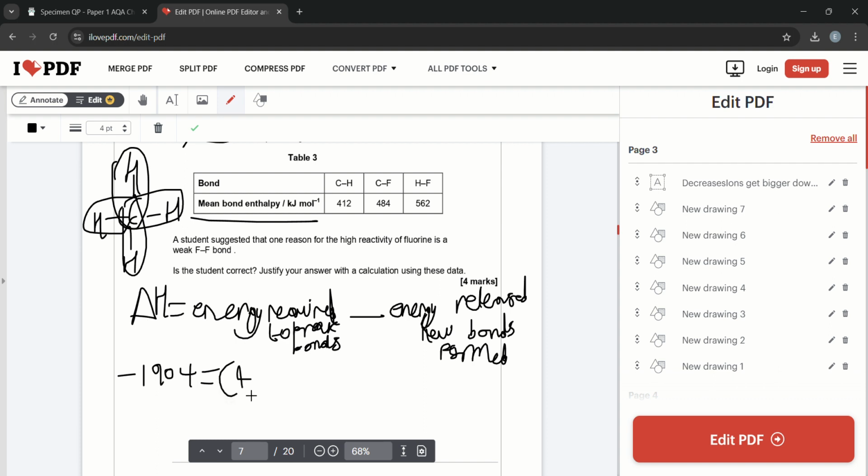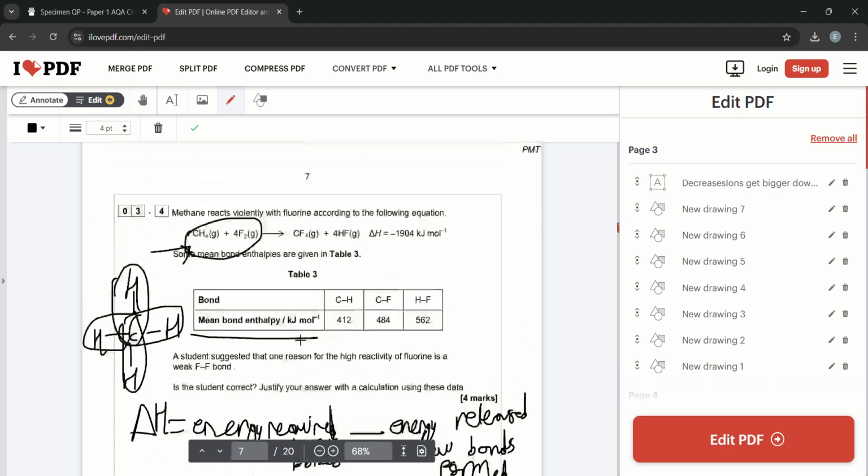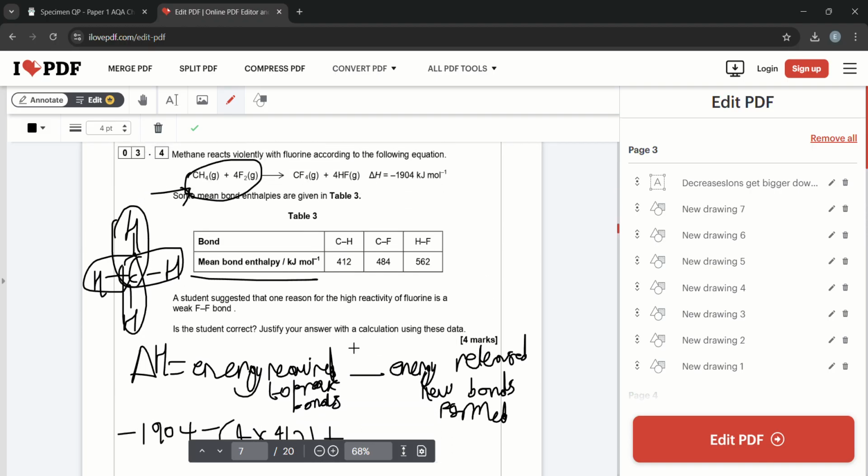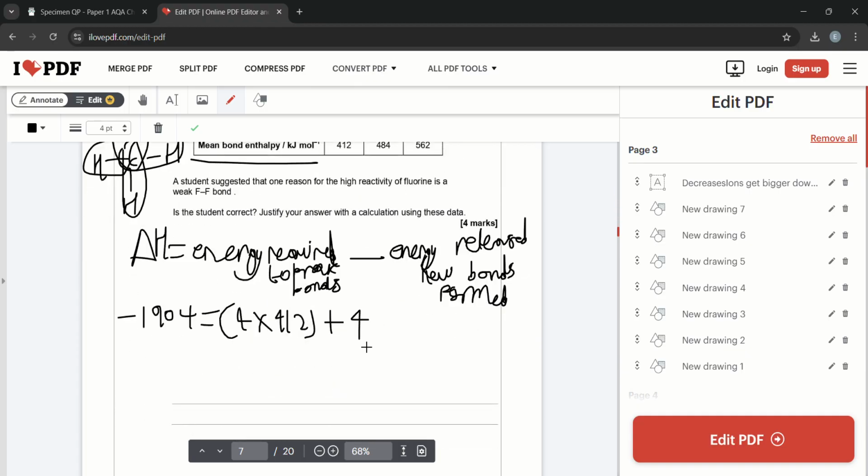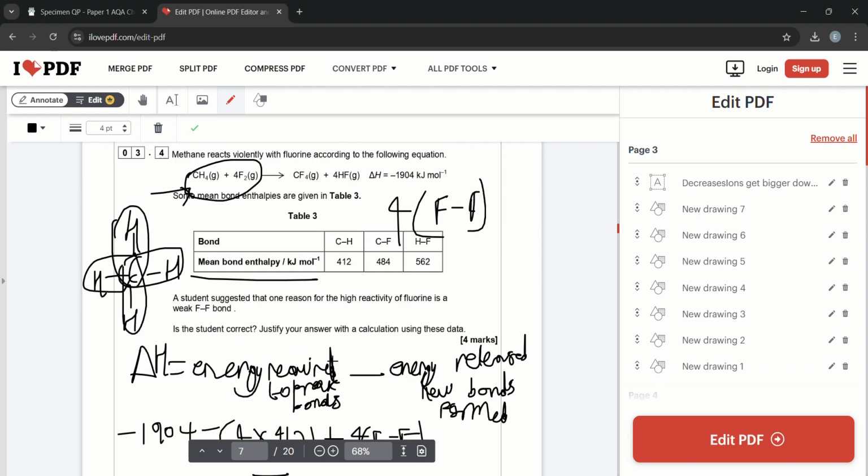This is pretty simple, but they do get more complicated, especially in A-level papers where they love to ask about mean bond enthalpy. So it's plus 4F2. If we draw out F, it's just FF, and we've got 4 of them. So plus 4FF, minus energy released from new bonds formed: CF4, same thing as CH4.